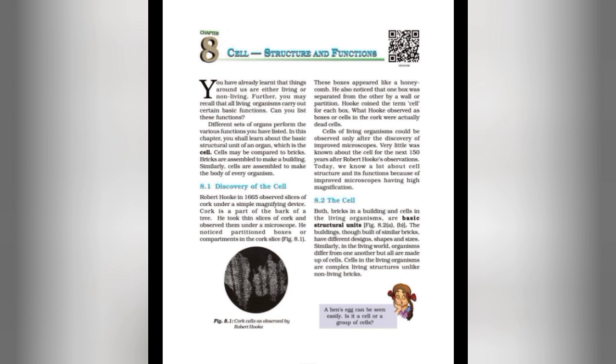So students, in this chapter we are going to learn about the cell, that is called the structural and functional unit of living organisms. There are millions of different things around us in the world. Some of them are living and some are not.